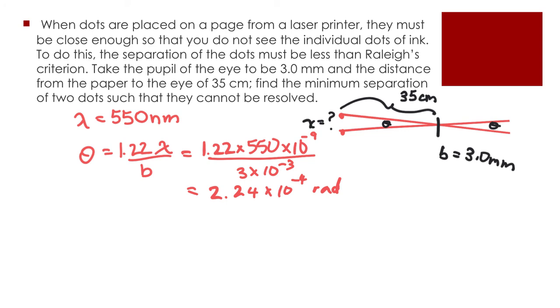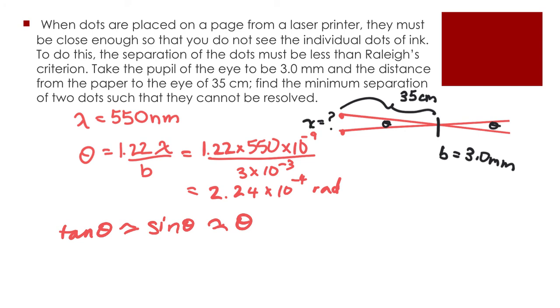And again, I'm going to use my small angle approximation that tan theta is approximately the same as sine theta, which is approximately the same as theta. And we can do this. If you haven't done it before, check it out.